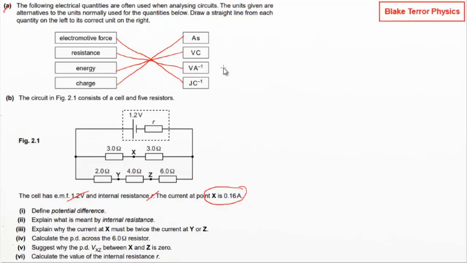This follows on from our definition of EMF in the previous question. We're more or less going to be writing out the same structure of sentence, but something which is useful both in this definition and a lot of other definitions is contextualizing the term that you're defining. Potential differences don't just float around on their own. They're attached to a circuit.